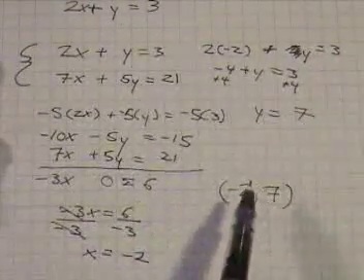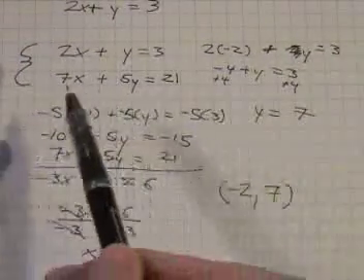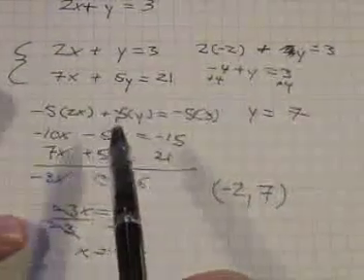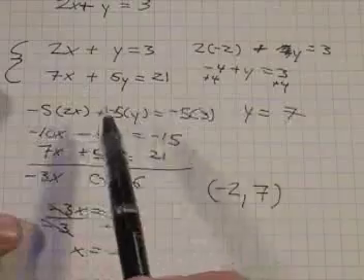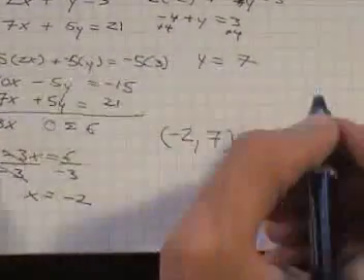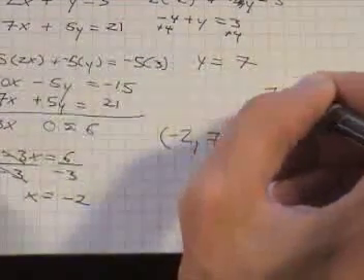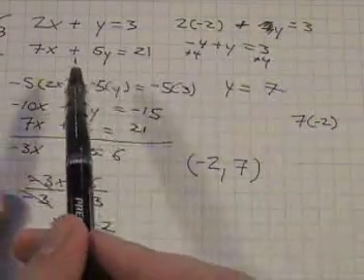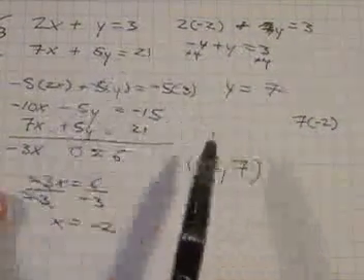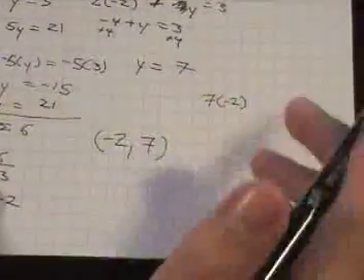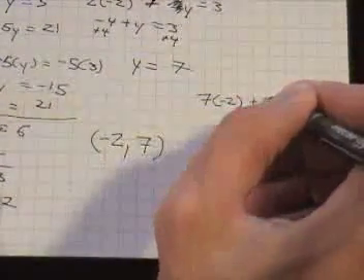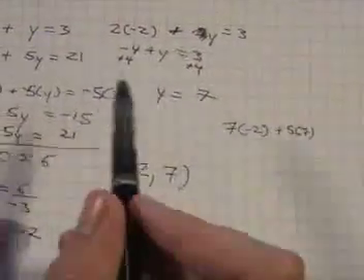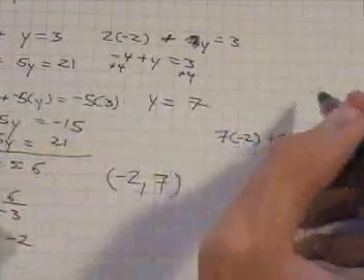And to check it, why don't we plug these both into the bottom equation to see if it all resolves out right. So 7 times negative 2, and then it's going to be plus 5 times 7, and that should all equal 21.